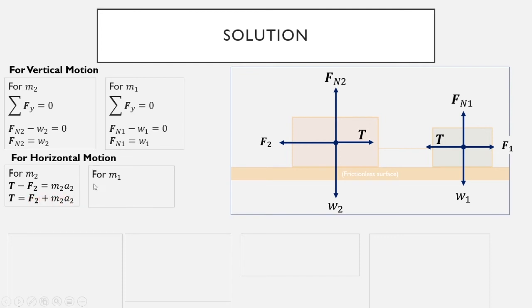For mass number 1 naman, it's similar to this, pero magbabaliktad yung tension and yung force. Bakit nagbaliktad? Kasi yung force 1 mo, andito na to the right. It's going to the right, so siya yung positive. Ito, going to the left, so siya yung negative. So, force 1 minus tension equals M1A1. And then, rearrange natin, lalabas dyan, tension is equal to force 1 minus mass times acceleration.